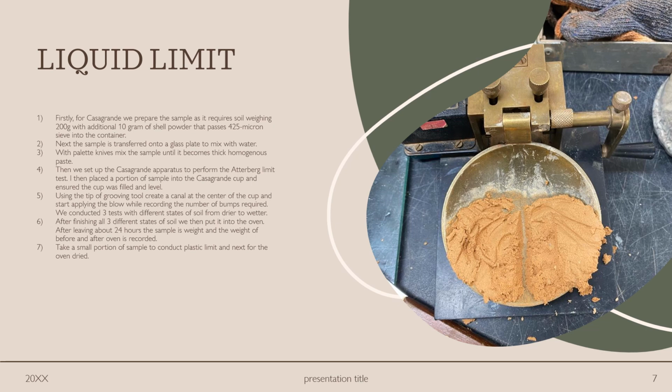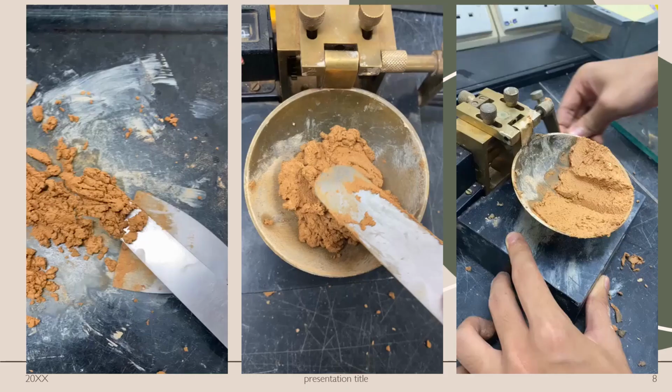Finally, take a small portion of sample to conduct the plastic limit and then oven dry. In this slide are videos of activities we did in the lab, which are placing sample in the Casagrande cup, leveling the sample, and applying blows.